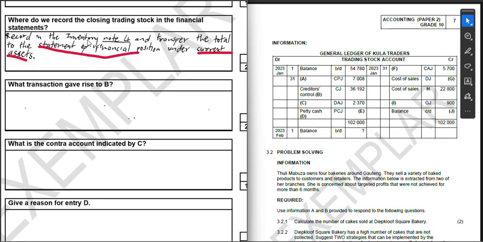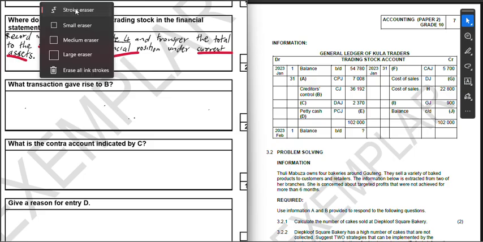But the top part explains exactly where you take your information from so that you can record it. The question was asking which financial statements, so by financial statements I indicated the notes to the financial statements and the statement of financial position. So ladies and gentlemen, be sure to know your story and answer the right way.